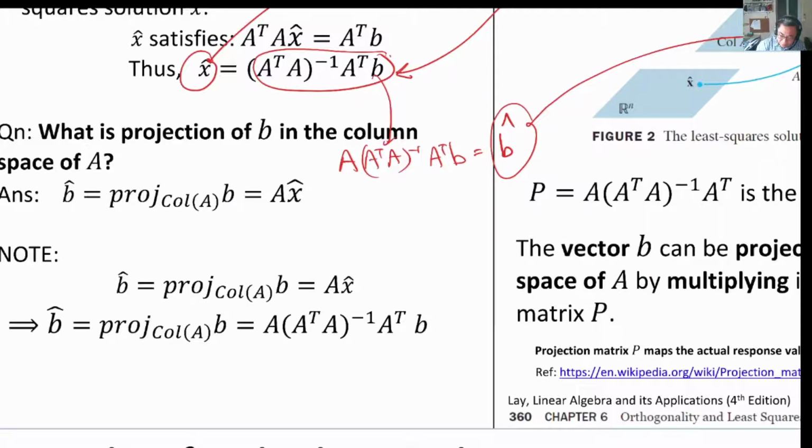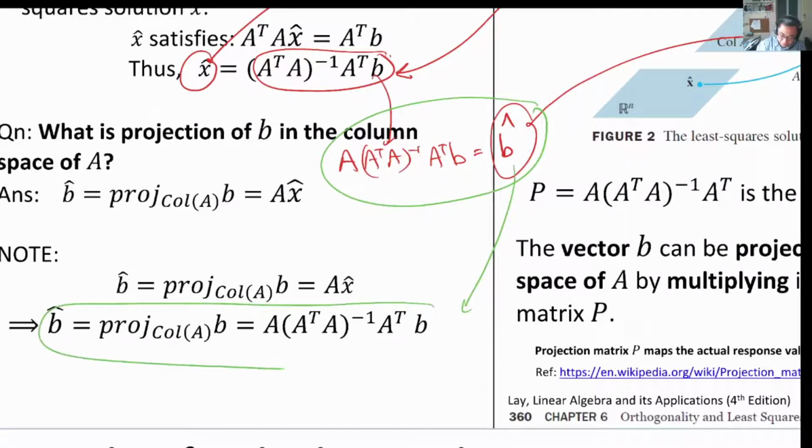Now at this point, compare this equation with this equation here. We're now in a position to identify the projection matrix. Let me circle it for you. This is the projection matrix.